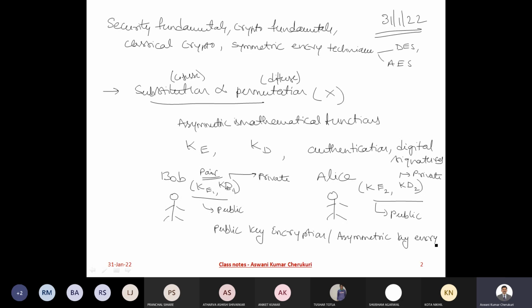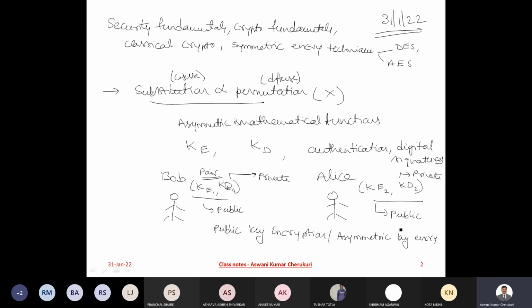The reason is that you are using the key which is kept public for encryption. Similarly, when we encrypt with one key called KE, we decrypt with another key called KD, hence it is called asymmetric key encryption. I hope you are able to follow.